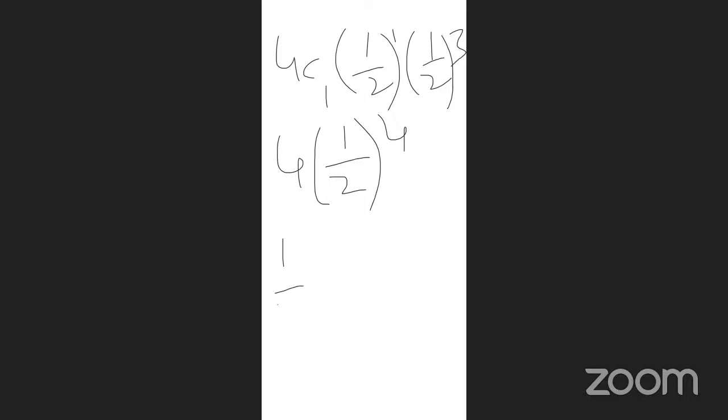That means 1 by 2 into 1 by 2 into 1 by 2 into 1 by 2, which is equal to 1 by 4 into 1 by 4, it is 1 by 16. So you can write it as 4 into 1 by 16, which is equal to 1 by 4. This is your answer. For this complete term, the answer is equal to 1 by 4. So your expression is supposed to be worked out like this. Have you followed this?